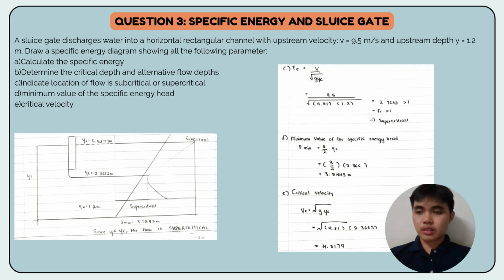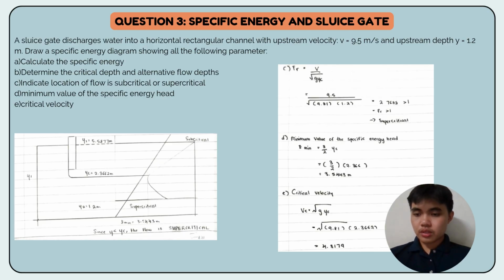And lastly, critical velocity, Vc equal to square root of g Yc, and we calculate the square root of 9.81 times 2.3662, and we get 4.8179. And this is the specific energy diagram.